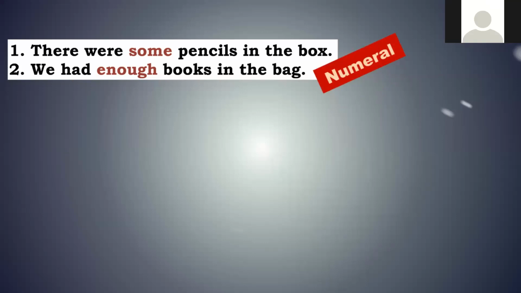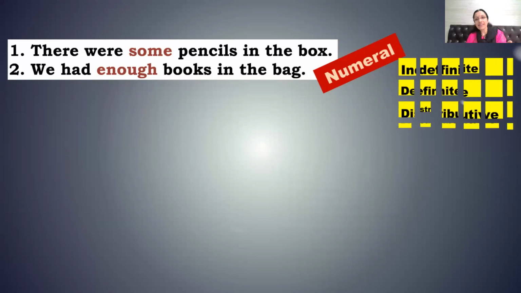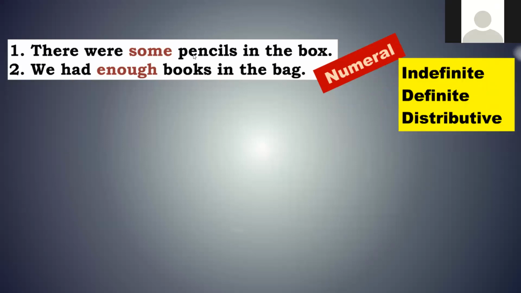Numeral adjective. In that you have definite, indefinite, distributive, correct? Suppose I say there were some pencils, do you know the definite number of pencils in this sentence? No, ma'am. So in which category would it come? It would come under indefinite because we do not know. But if I said there were 5 pencils in the box, it is definite.